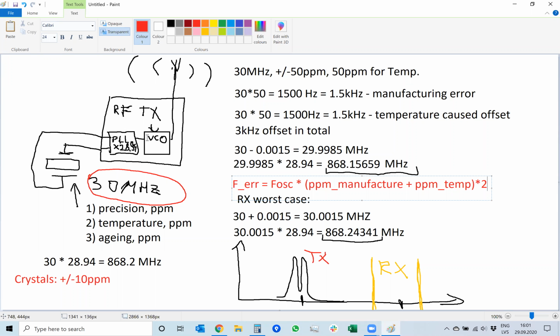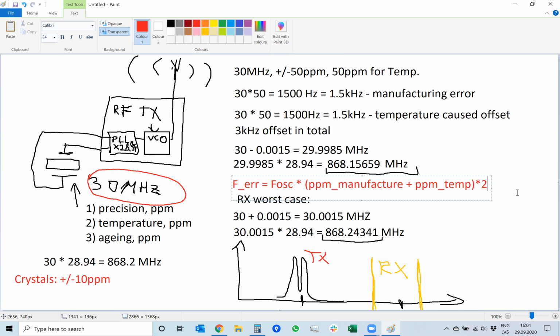So it's a sum to the negative side, but the receiver can, for example, accidentally happen to be plus 50 ppm precision and plus 50 ppm because of the temperature. So it's 2 times oscillator frequency, for example, 30 megahertz times 1 ppm plus the other ppm, for example, 10 plus 15 or 50 plus 50 as in this case, times 2, because one receiver can deviate forward and transmitter can deviate backward.